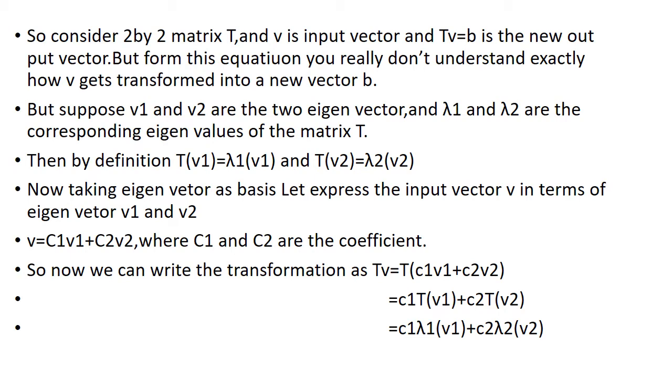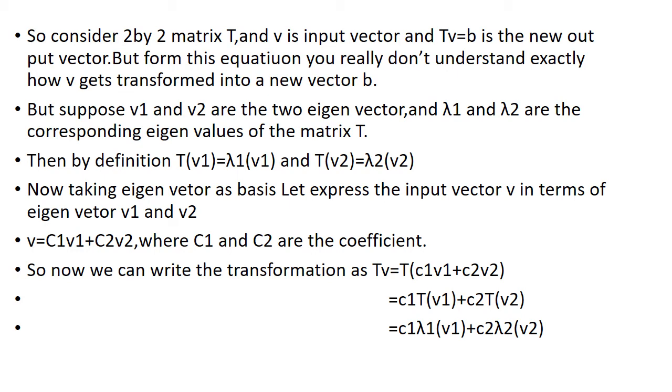So here is an example. Consider a 2 by 2 matrix T, and v is the input vector, and Tv is equal to b, a new output vector as usual. But from this equation, you really don't understand exactly how v gets transformed into the new vector b.